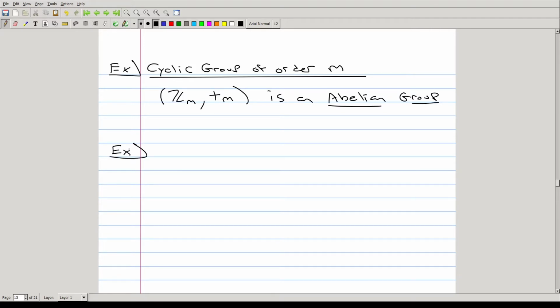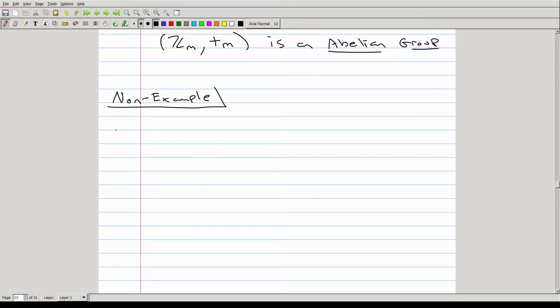And for this next example, I'm going to be very specific. I'm going to call it a non-example, because the set of integers with normal integer multiplication is not a group.